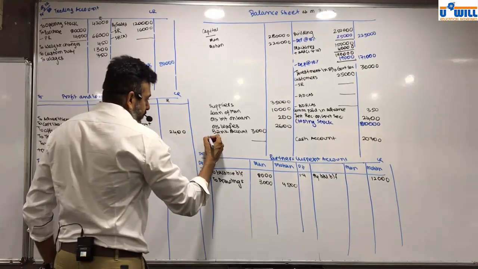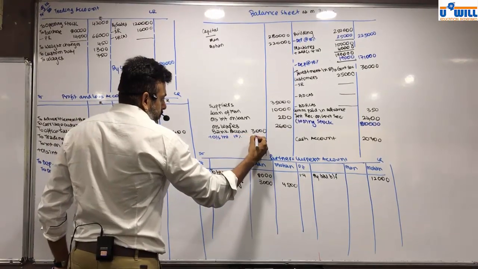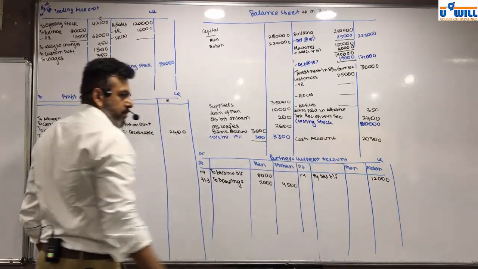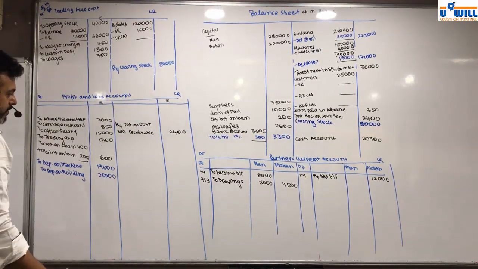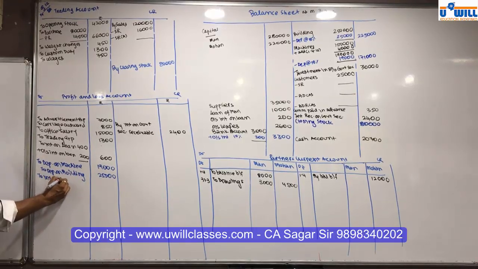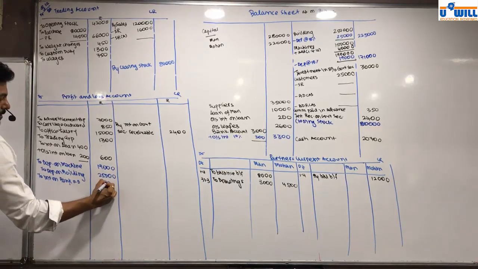So bank overdraft plus outstanding interest 10%. So 300. Outer column 3,300. We owe to the bank. Second effect to interest on bank overdraft 300.